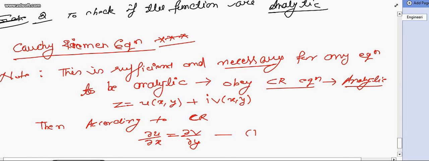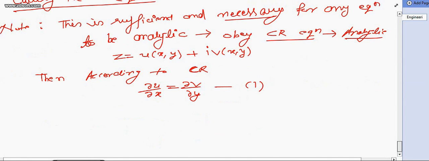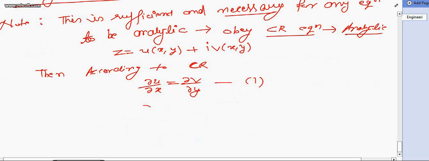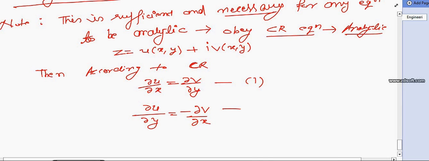This is equation 1. And del u upon del y is equal to minus del v upon del x. So this is equation 2, and these two combined are called the CR equation.